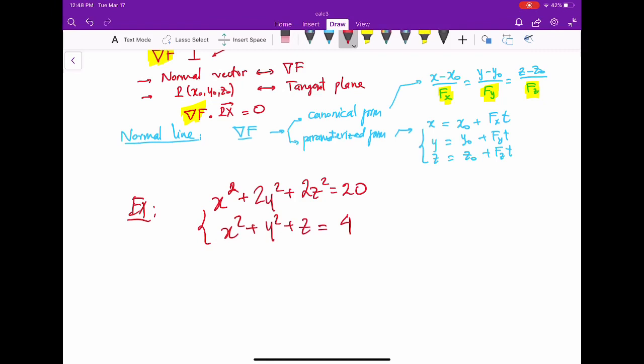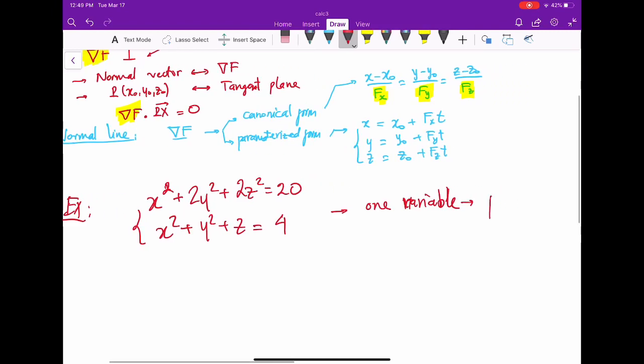So basically, in order to find the intersection of these two surfaces, you need to solve this system. And the system has only two equations at the same time, but you have three variables. So that means one variable should be a parameter, right? One variable will play the role of the parameter.